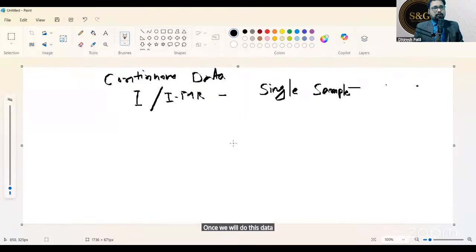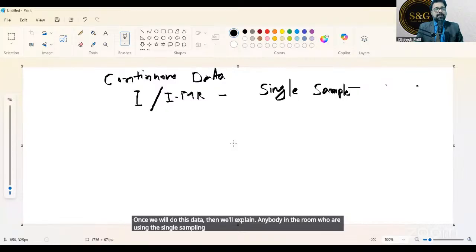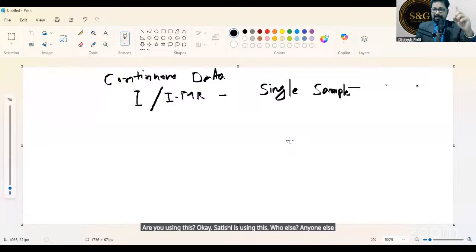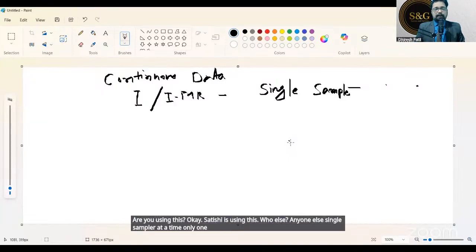Anybody in the room using the single sampling strategy in their processes? Satish ji is using this. Who else? At a time, only one sample you are taking. That was a single sample, where you use the I and MR chart.